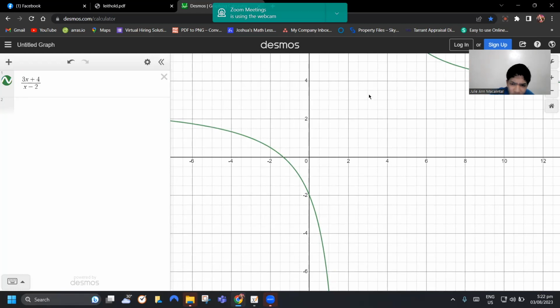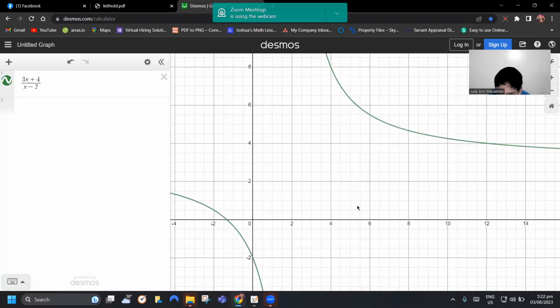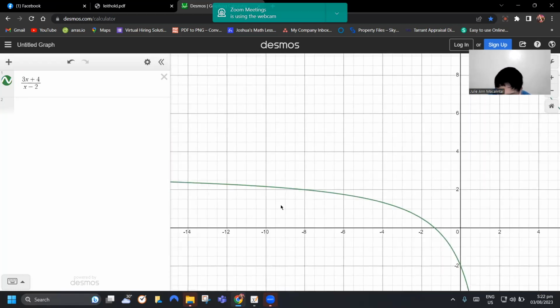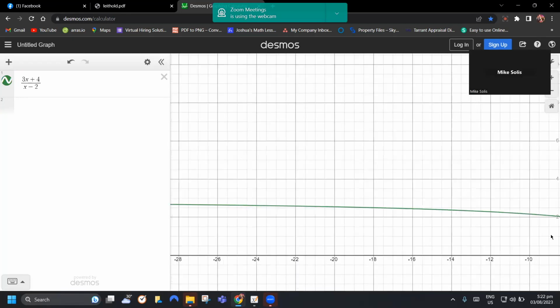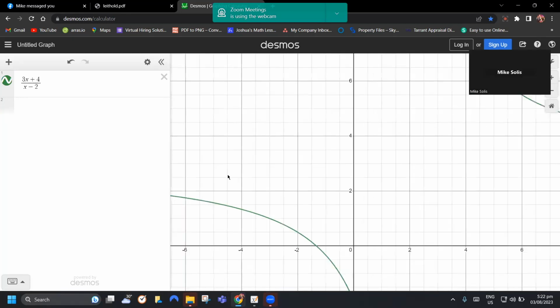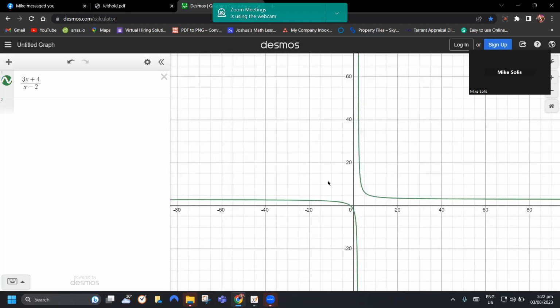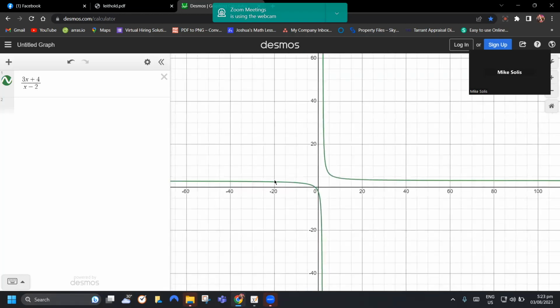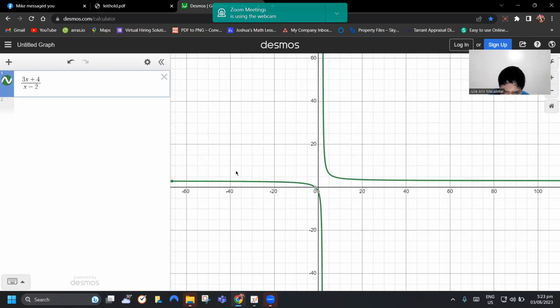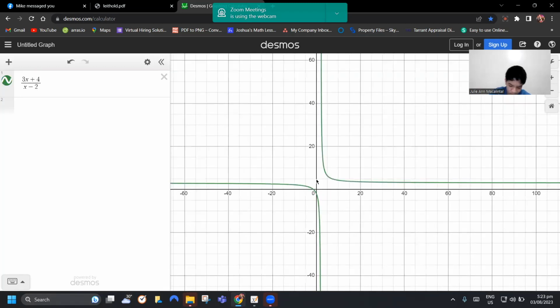Vertical asymptote when x equals 2, horizontal asymptote nasa when x goes to infinity. Three po yung horizontal. Okay, so mukhang approaching 3. Okay.